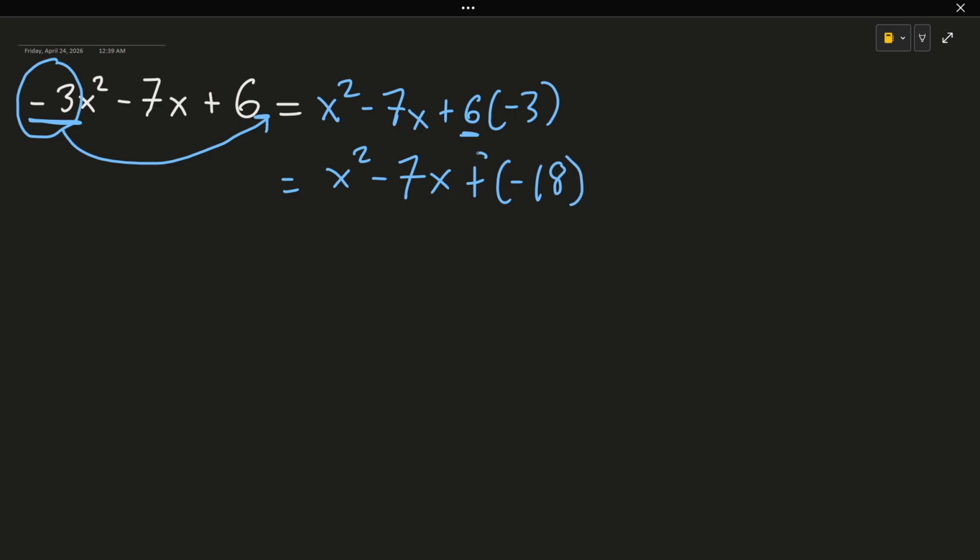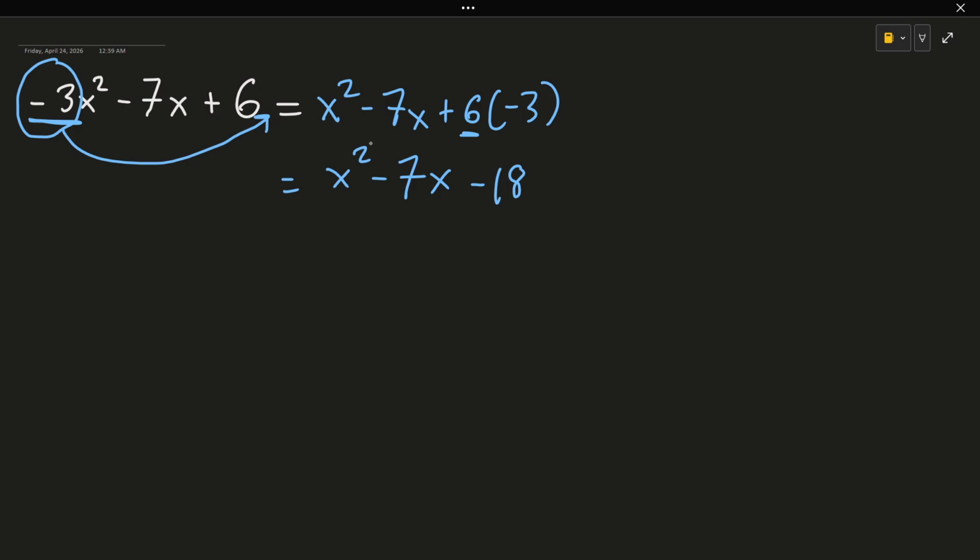Again, we have plus and then minus, so it's like you're multiplying them together. Positive times negative is negative. So therefore, we're going to have minus 18.